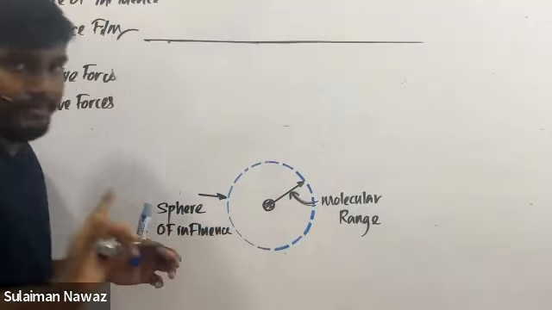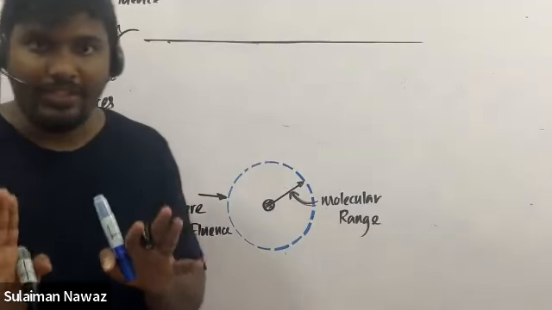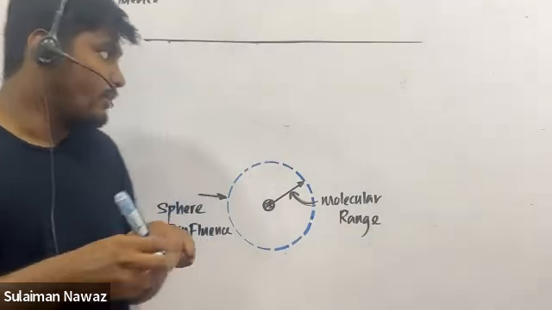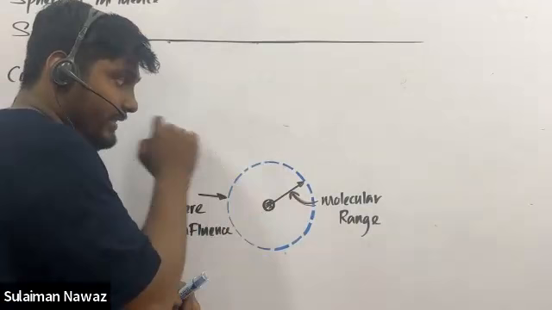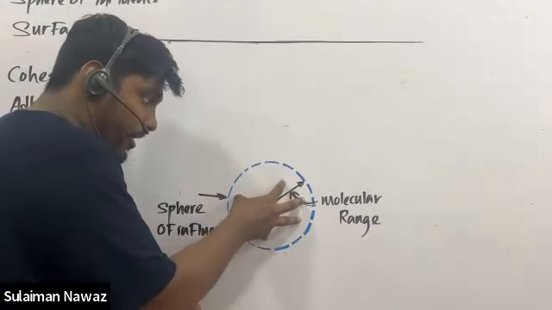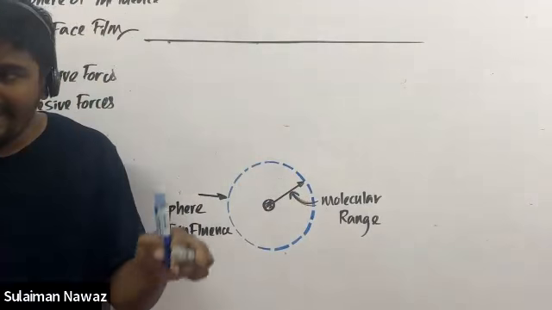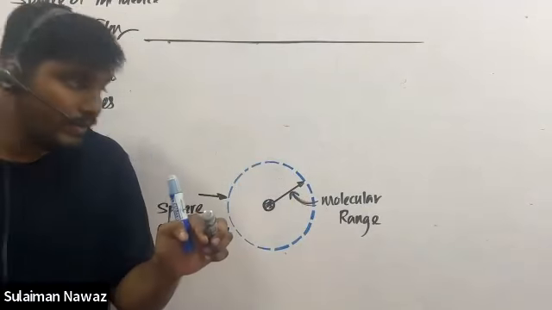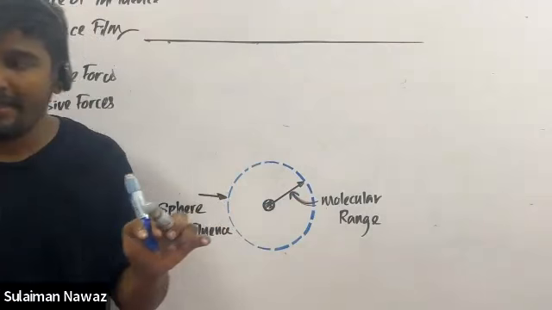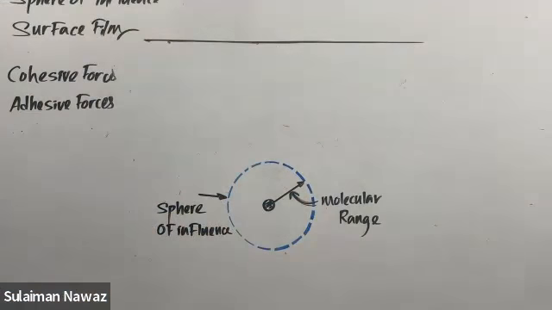Now I'll ask a question. Forget about the boundary. Think about the particles inside the boundary and the considered black color particle.